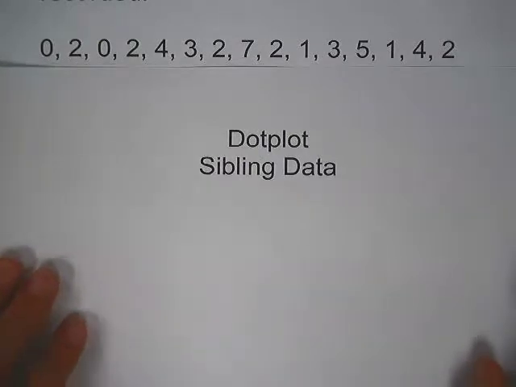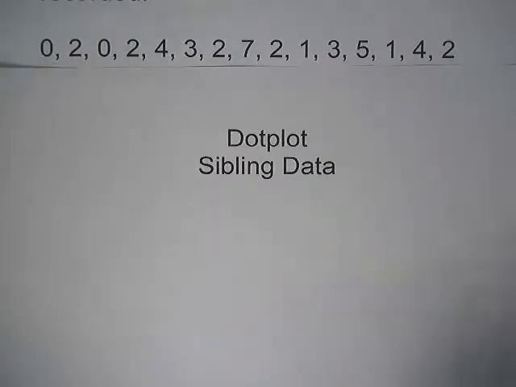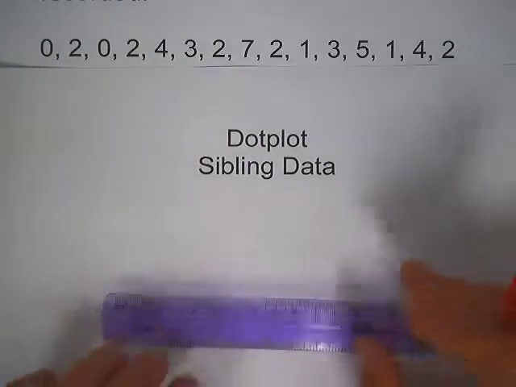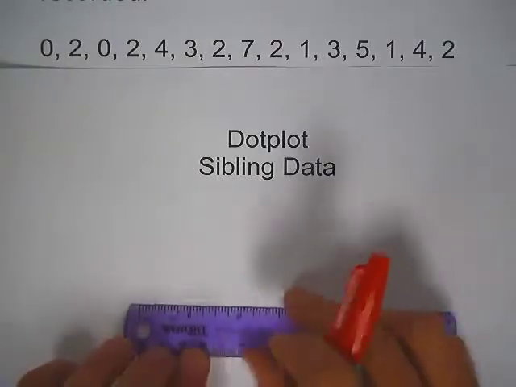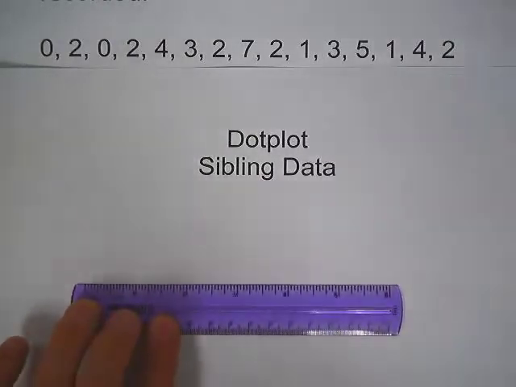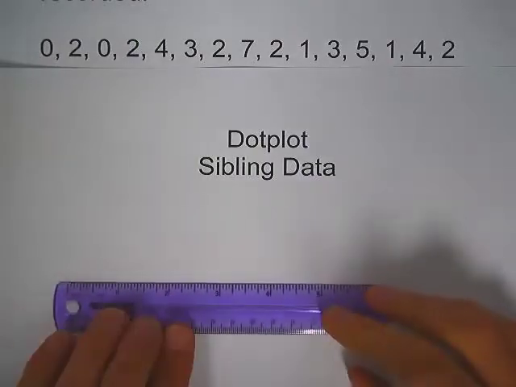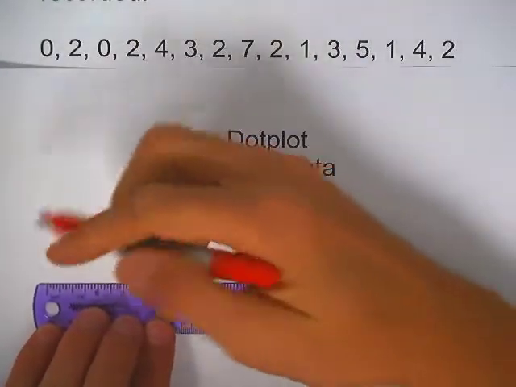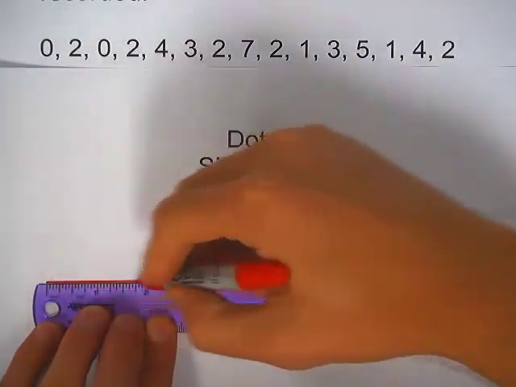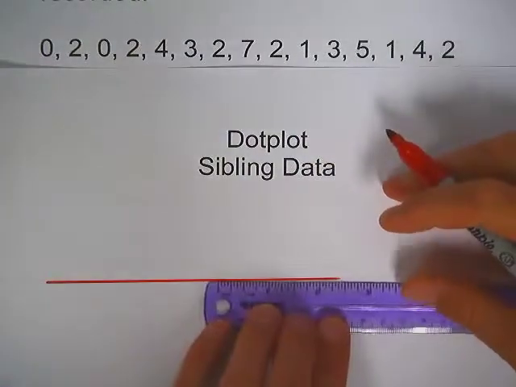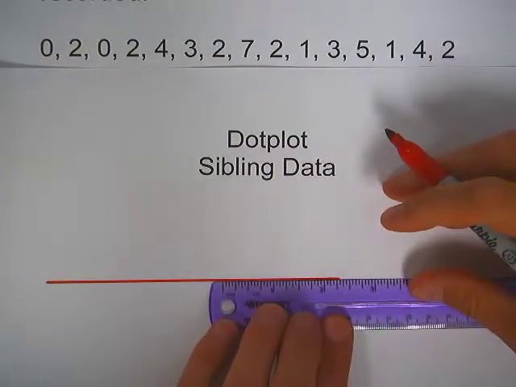Okay, so again we need to make an axis. So I'm going to go ahead and do that here. I'm going to use a ruler to get a nice straight line. And I'm going to use up most of my paper here.